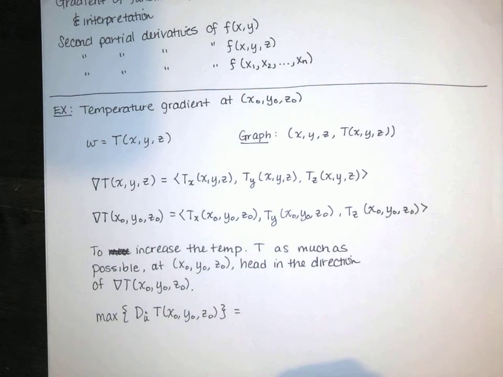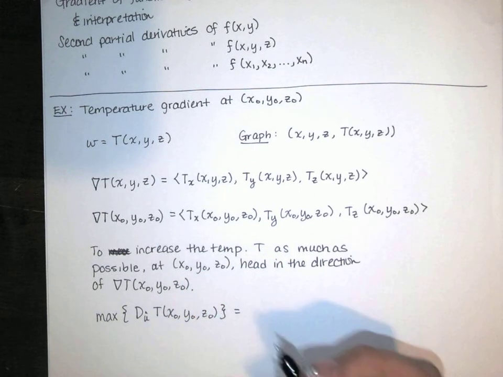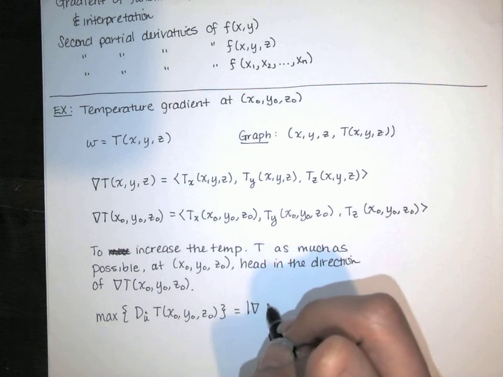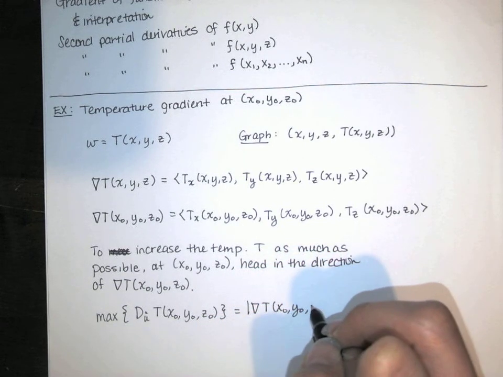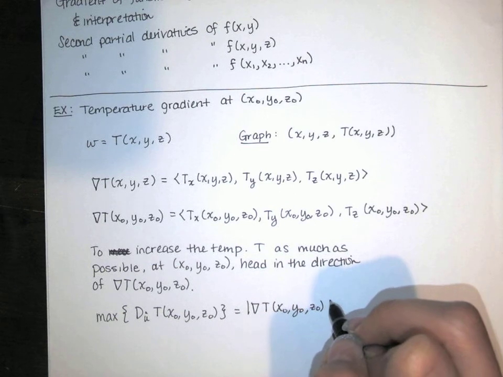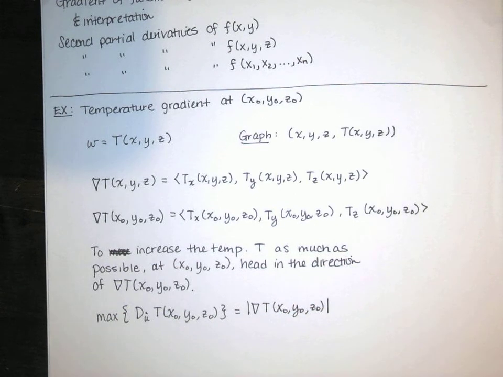And the maximum value of the directional derivative is still the magnitude of the gradient. Now this has nothing to do with slope per se, although we can interpret all of these derivatives as slopes, but they're slopes of a hypersurface that we can't really see.